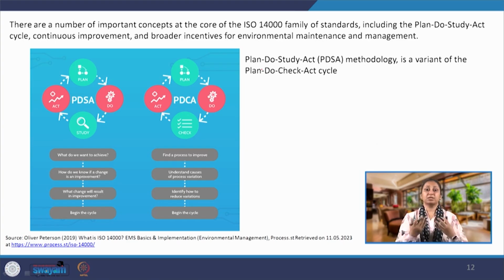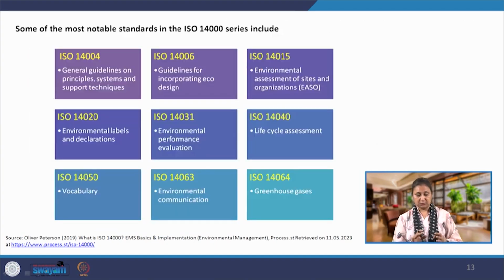The policies or the actions that are being taken in the world, and the impact of that, are taken into cognizance. It is an ever evolving series. So, we will find versions of that. Unlike many other standards which are static, this one is dynamic in nature, and every few years a study is carried out on how it is performing, and then the revisions will happen. So, plan, do, study and act is the principle that it is based upon.